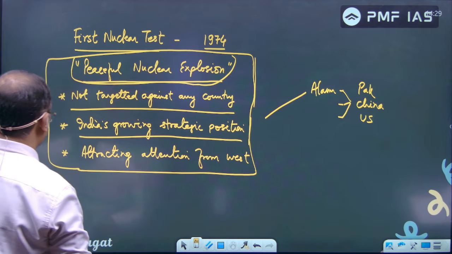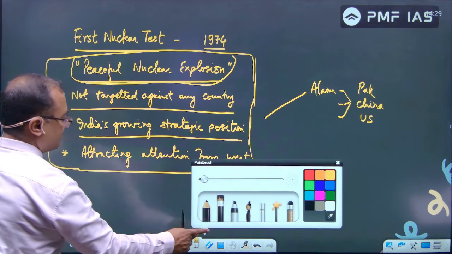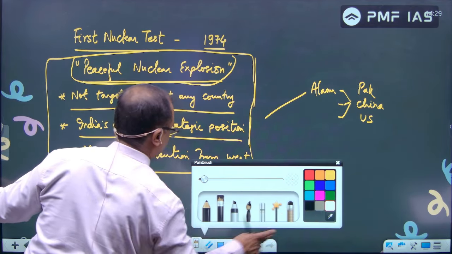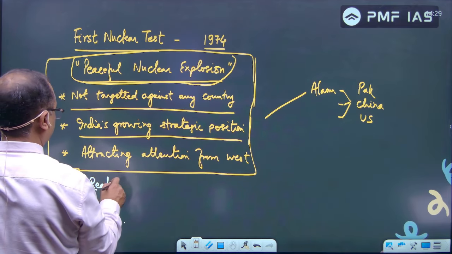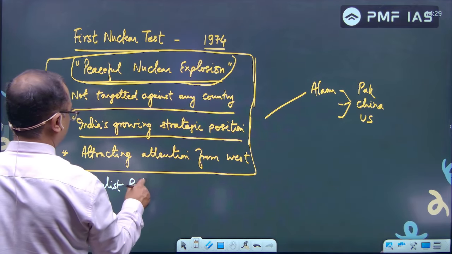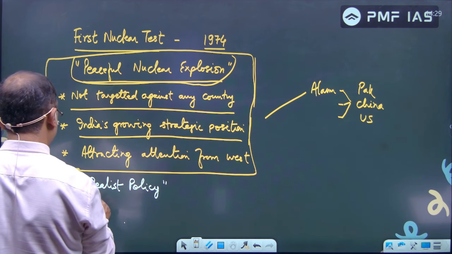So, during Indira Gandhi, what revival took place? Realist policy, number 1: playing hardball.